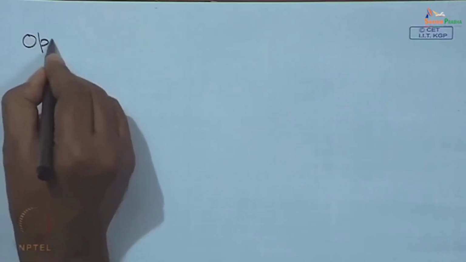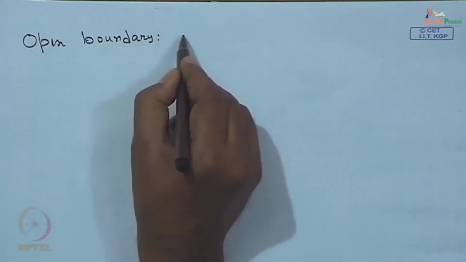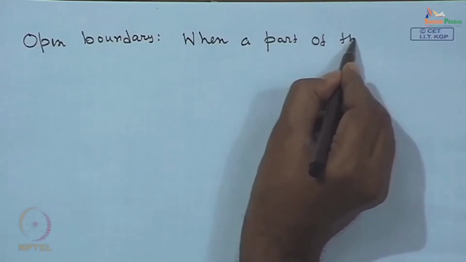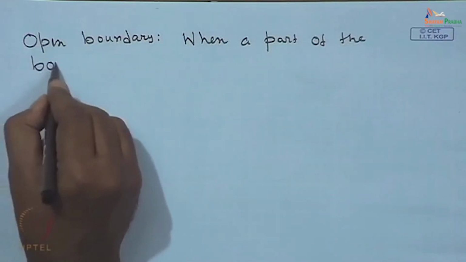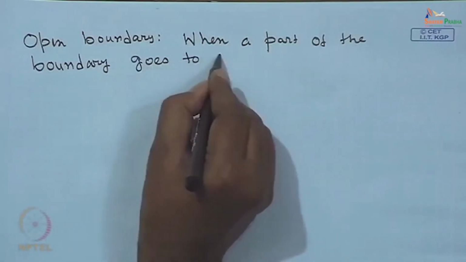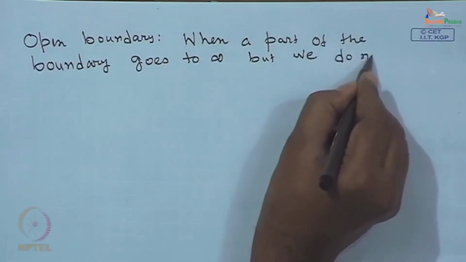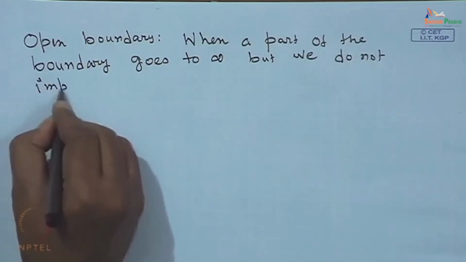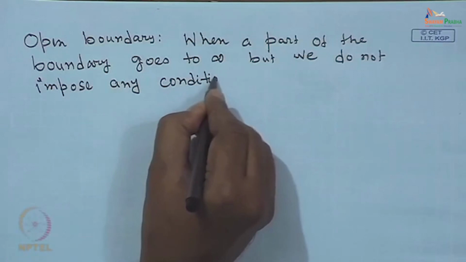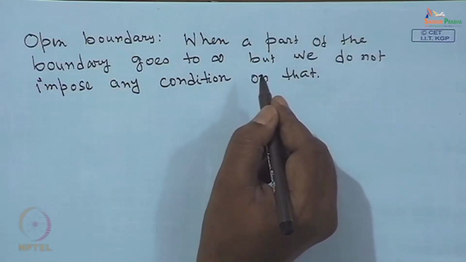The open boundary is defined as when a part of the boundary goes to infinity, but we do not impose any condition on that. Then the boundary is called the open boundary.